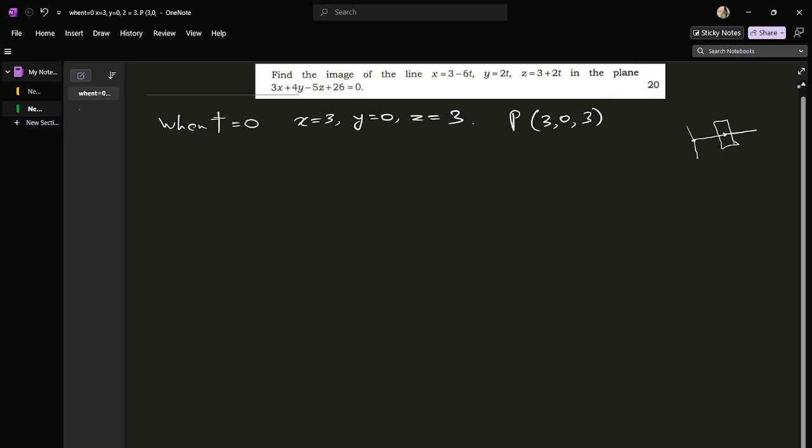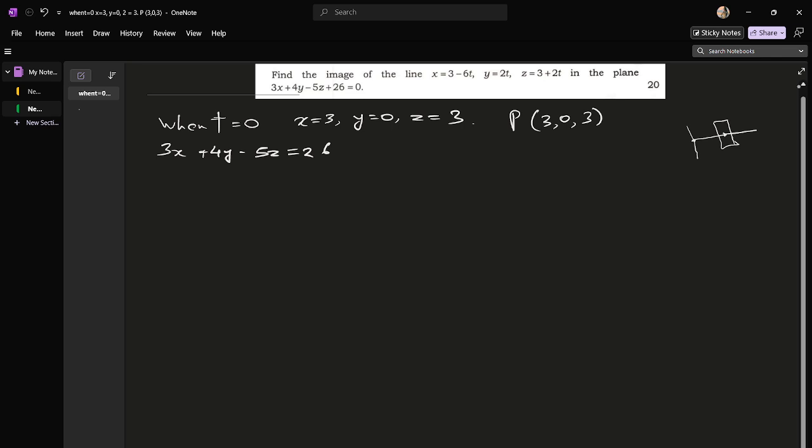Now our equation of the plane is given, which is 3x plus 4y minus 5z plus 26 equals 0.